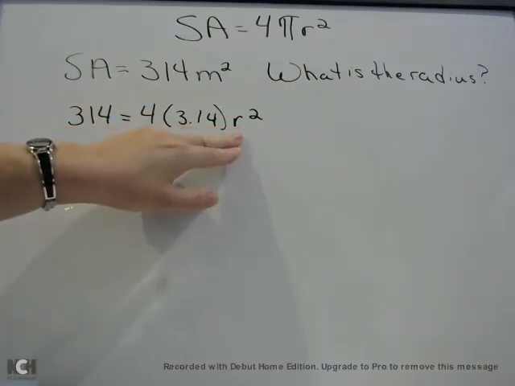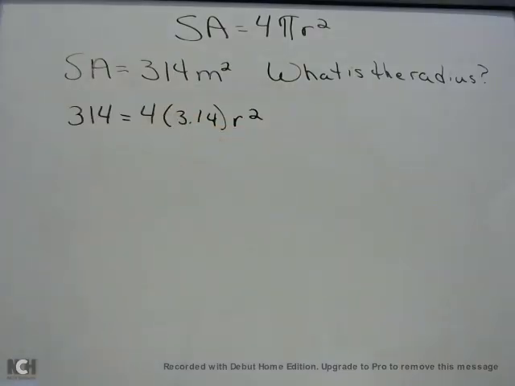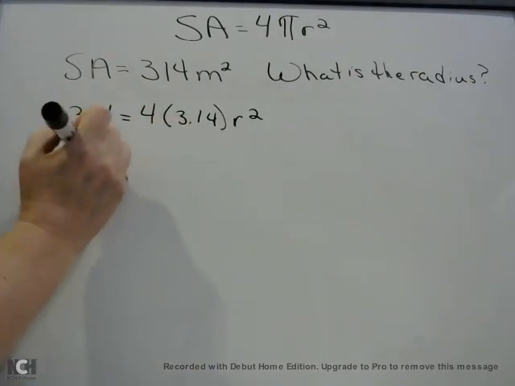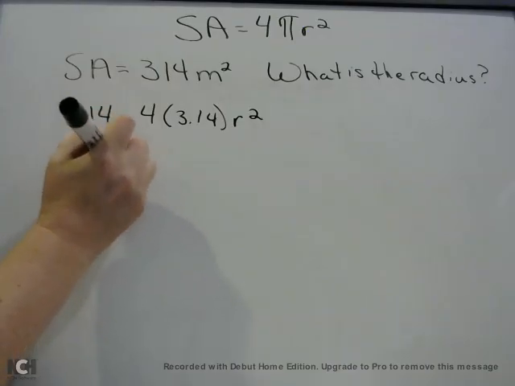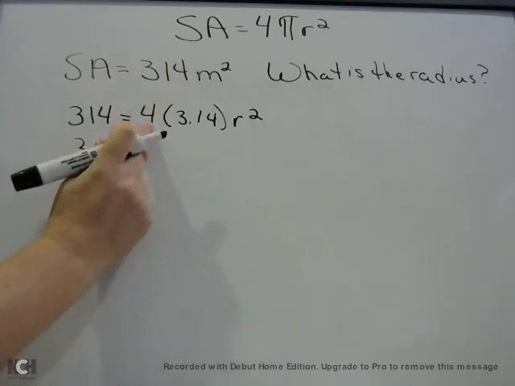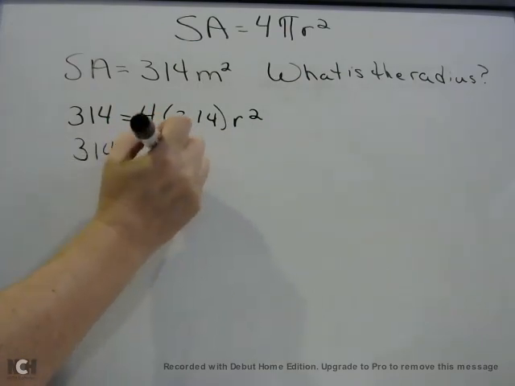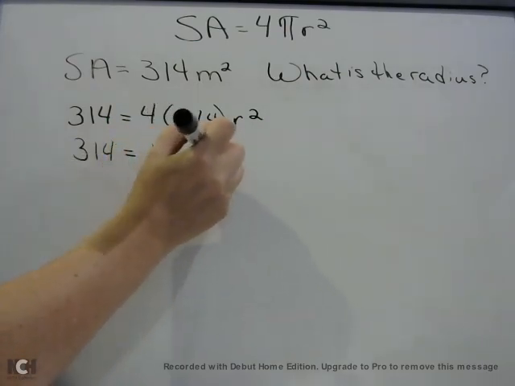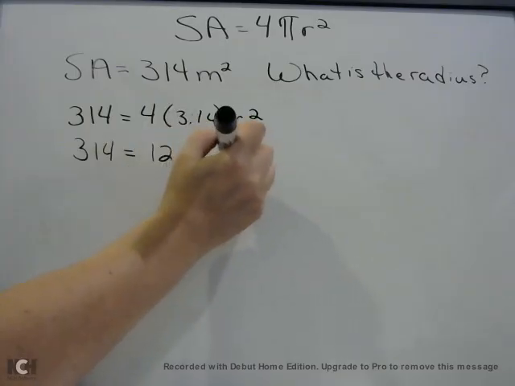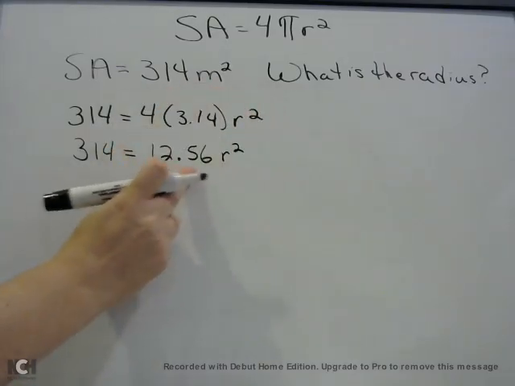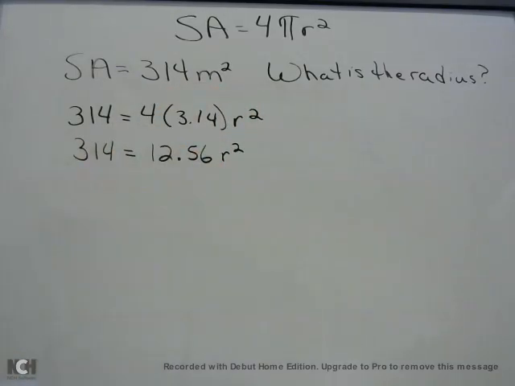This is what we're solving for in our algebra problem. So we can multiply 4 times 3.14. So I just rewrite this. 314 equals, get your calculator out, what's 4 times 3.14? 12.56 times radius squared.